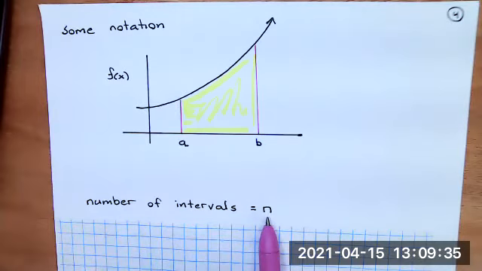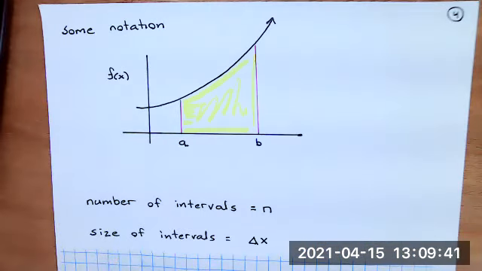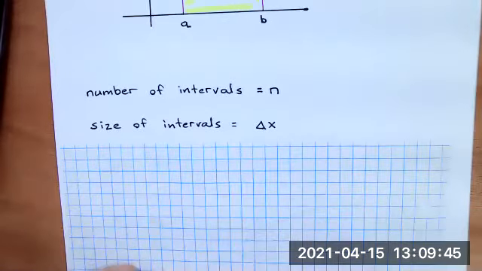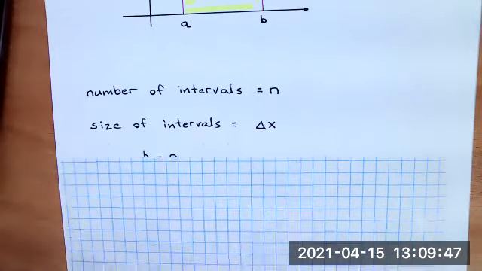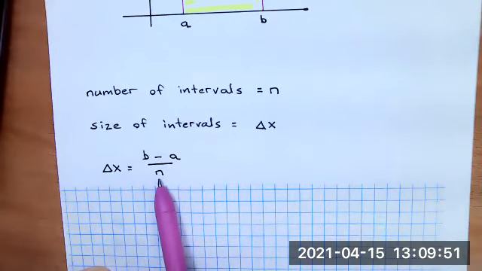We'll call that n. The size of each interval is going to be called delta x. And to find delta x, we just take the size of our interval and divide it by the number of intervals.